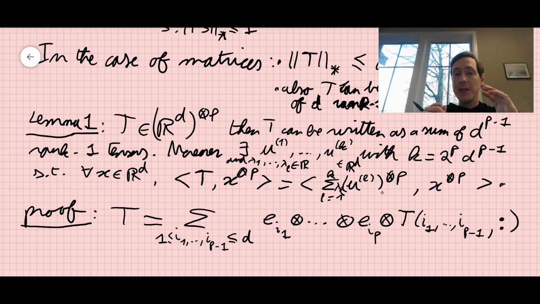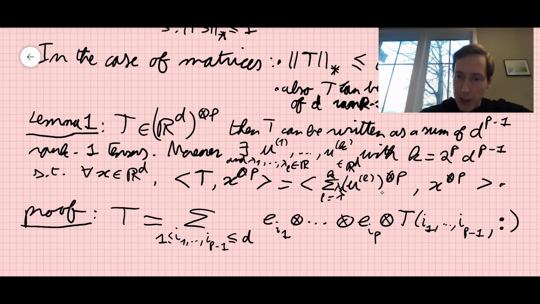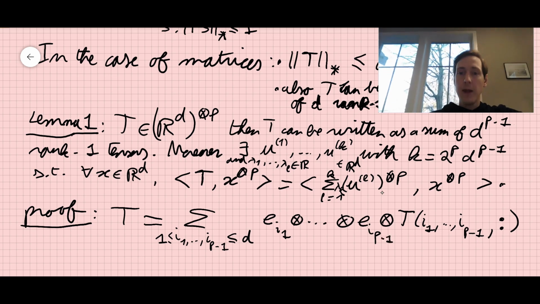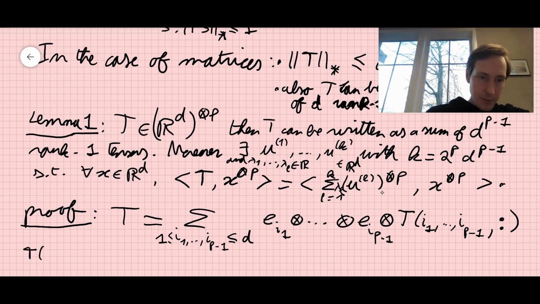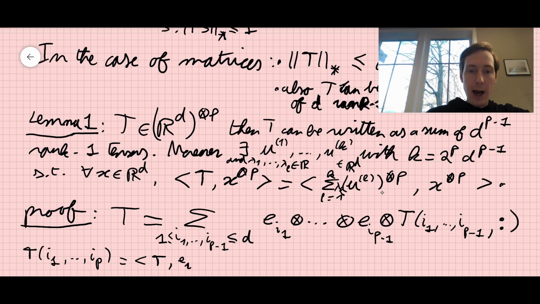It means if I look at the entry i1 up to ip on the left hand side, it's the same thing as taking the inner product of T with e_{i1} tensor product, etc., tensor product e_{ip}.